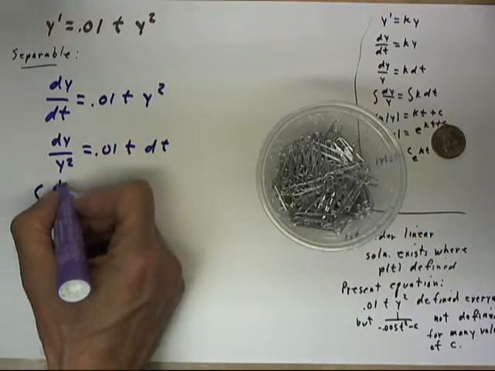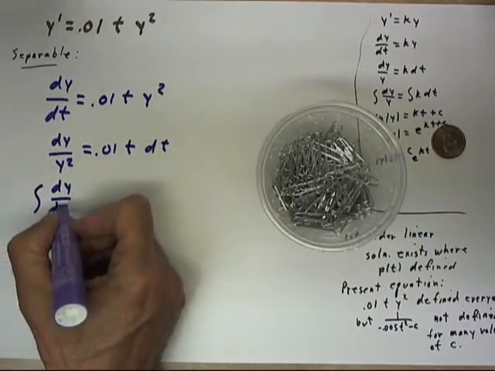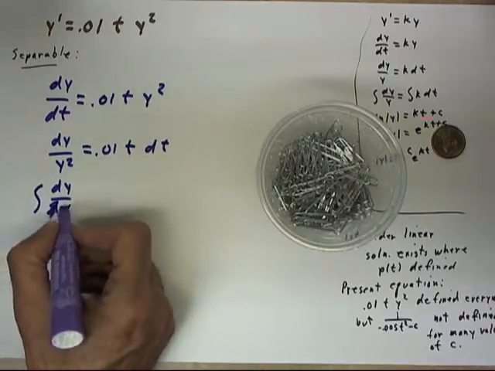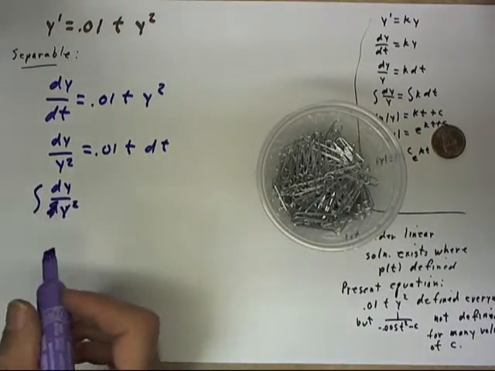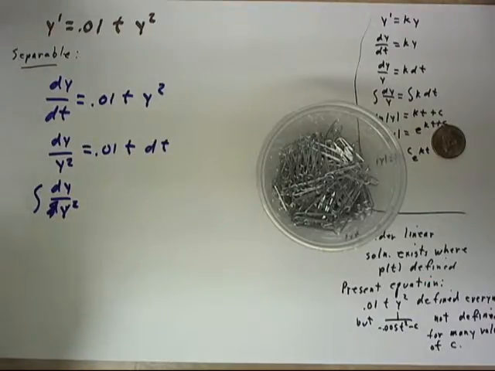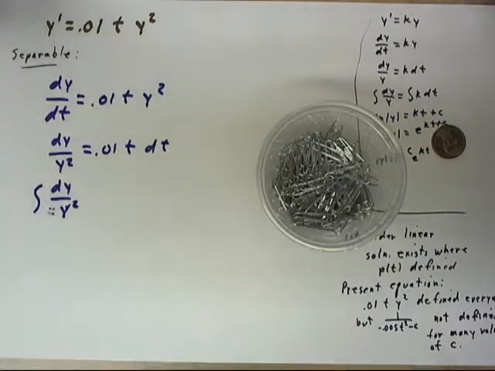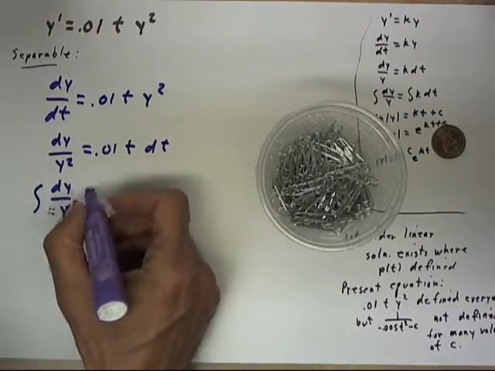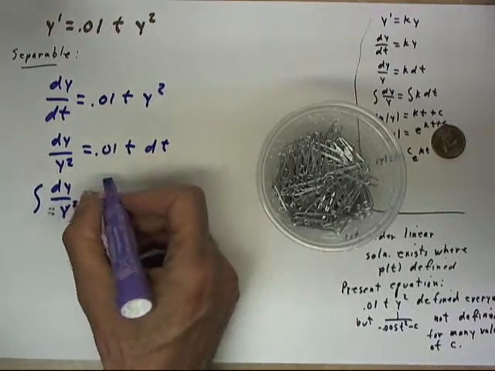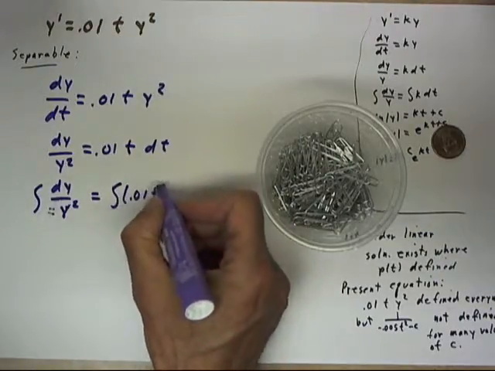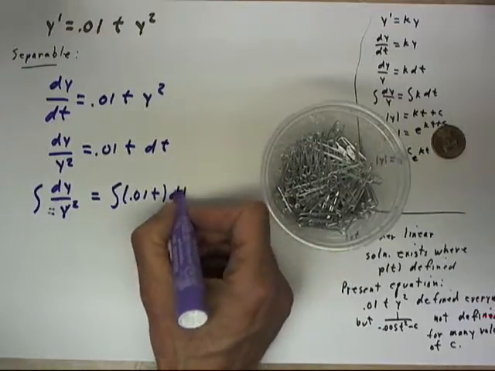If we integrate dy over y squared, that's the integral of dy over y squared equals the integral of 0.01t dt.